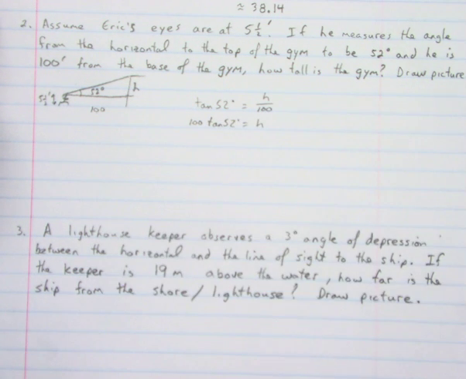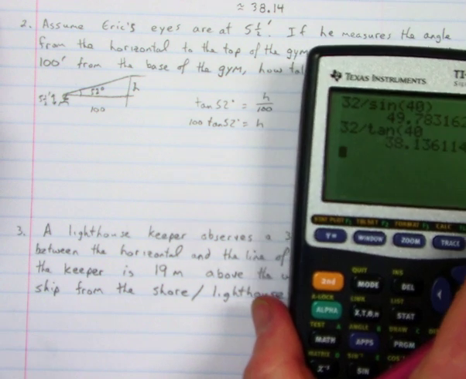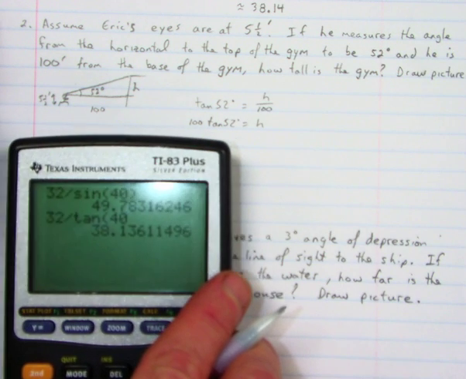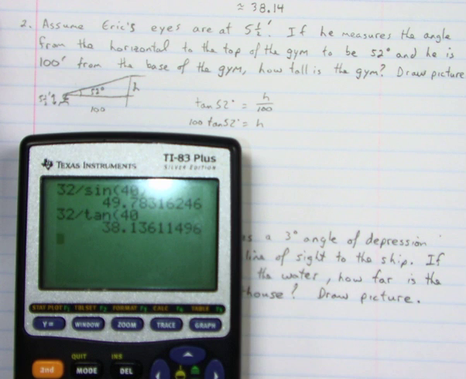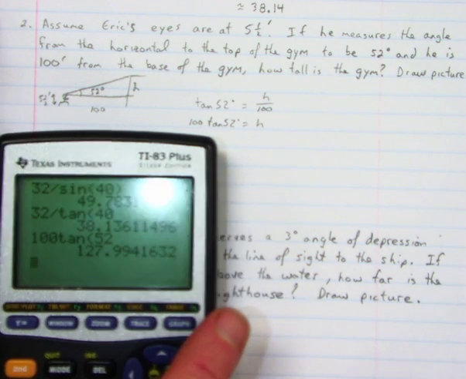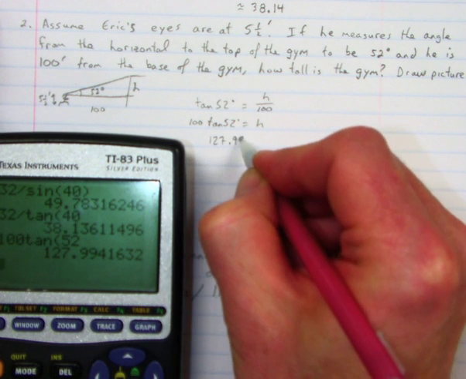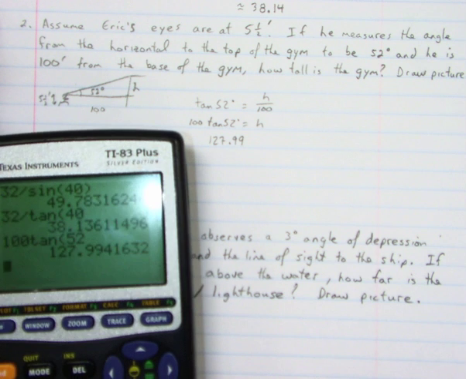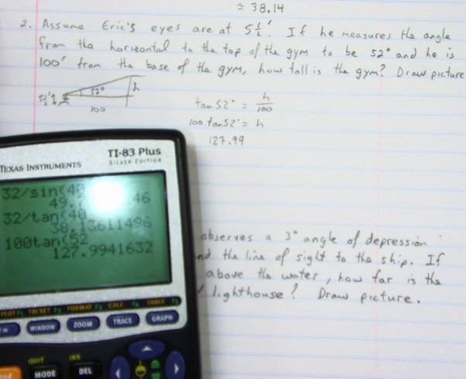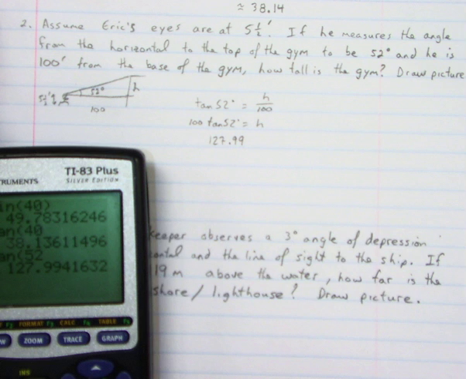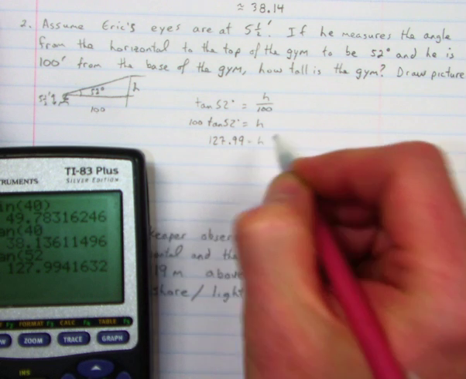And then just type it in on the calculator. Let's see if I can put it in a position we can see. So we have 100, tan 52, enter, and we get 127.99. You can see that there. Now, is that our answer? No, that's just what this H is.